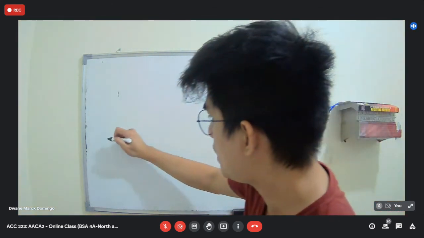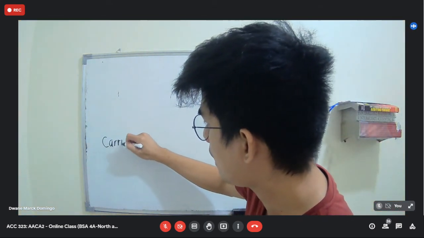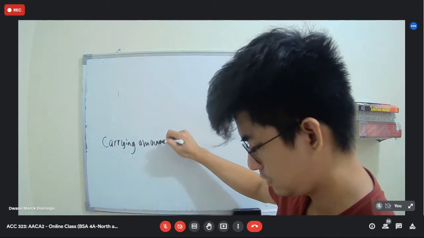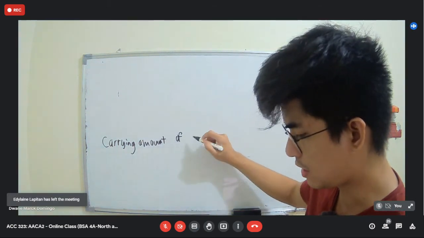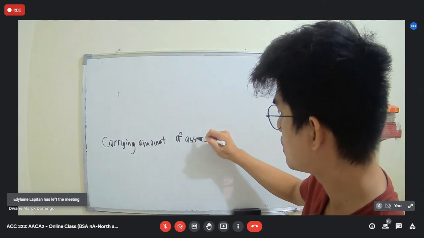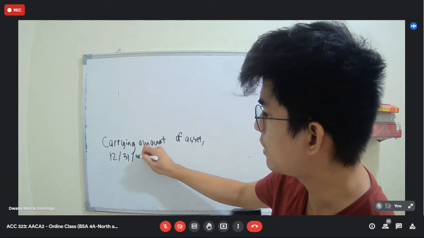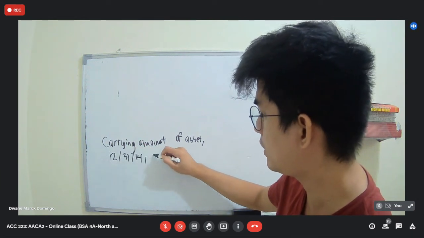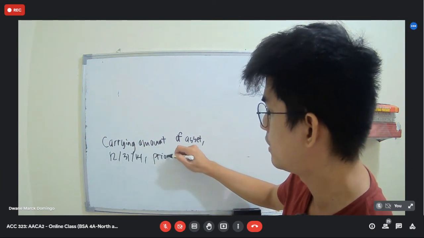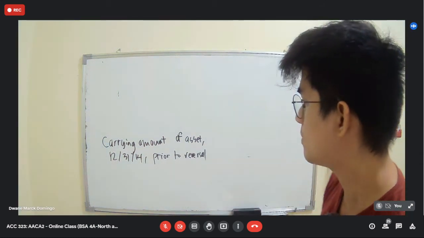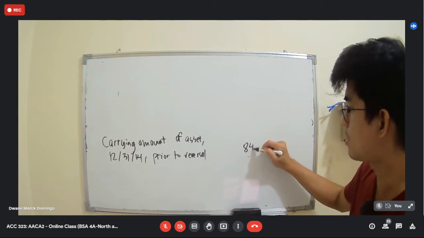So, kapag revaluation model, meron tayo, di ba, carrying amount of asset as of 12/31/2013 prior to reversal. So magkano yun? 84,000 yun na compute natin.